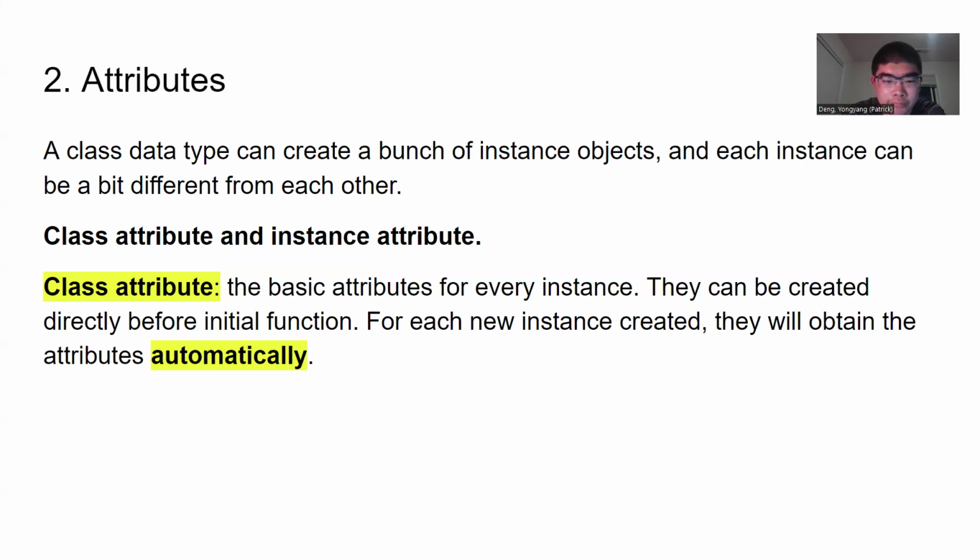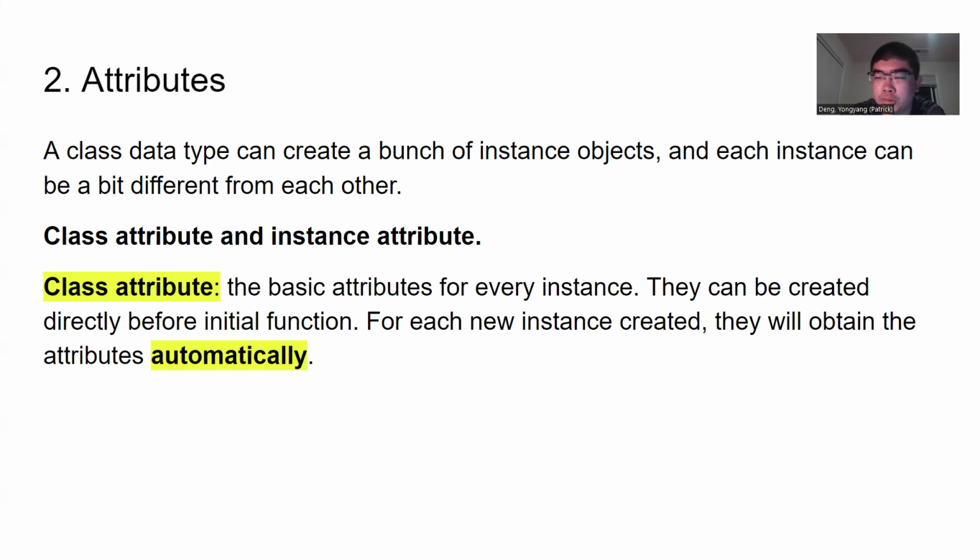So these are the basic attributes for every instance. They can be created directly before the initial function. The initial function, we will talk about later, is related to instance attributes. And for each new instance created, they will obtain these attributes automatically. So when you implement plants and zombies, you use class attributes.